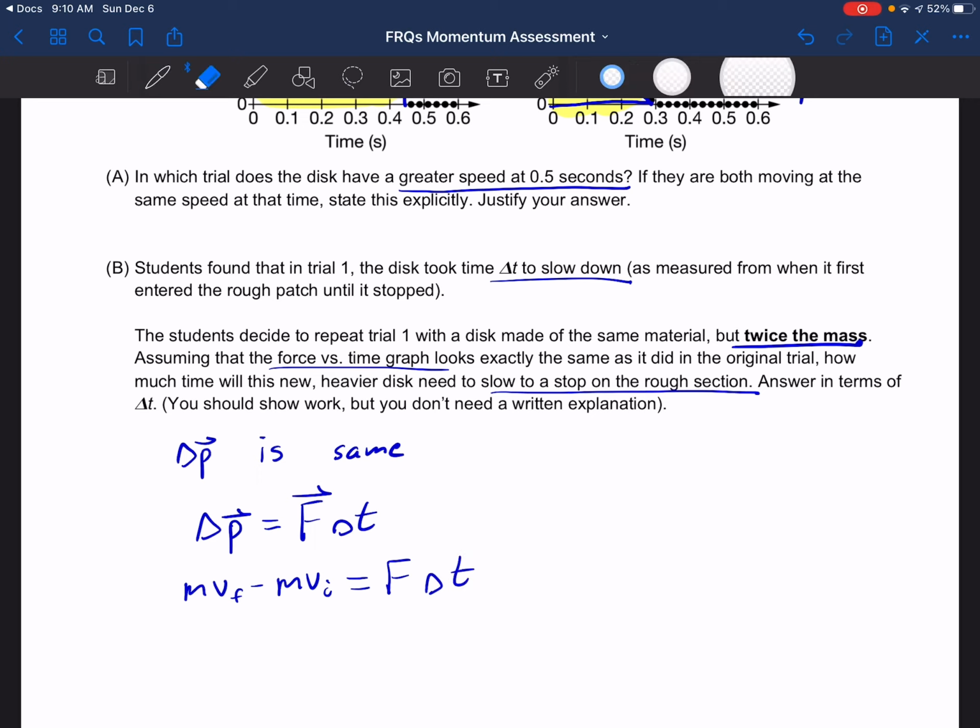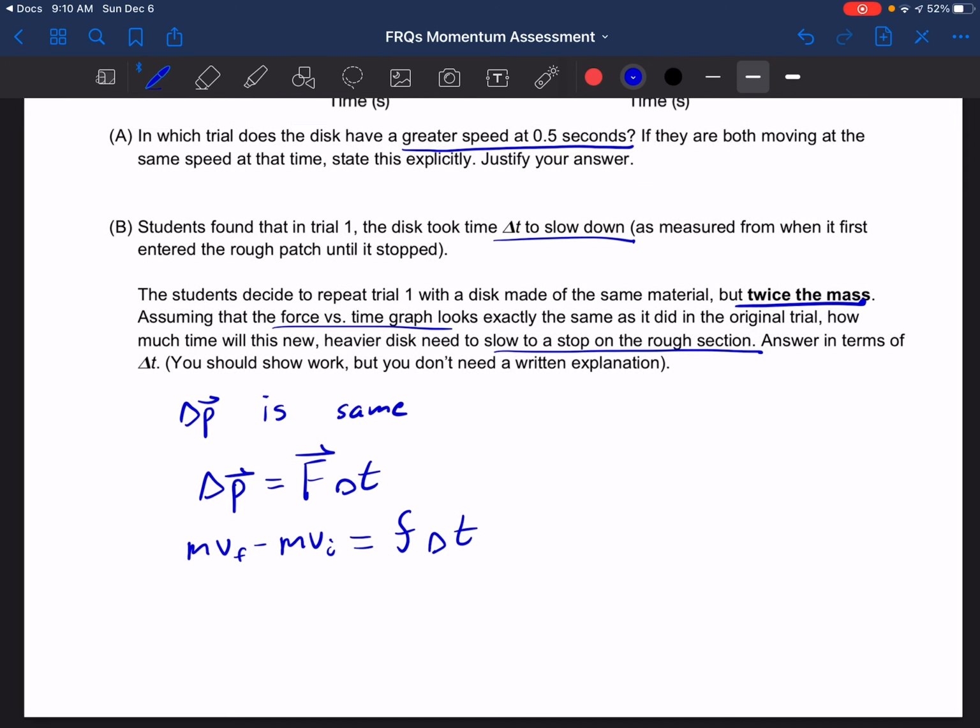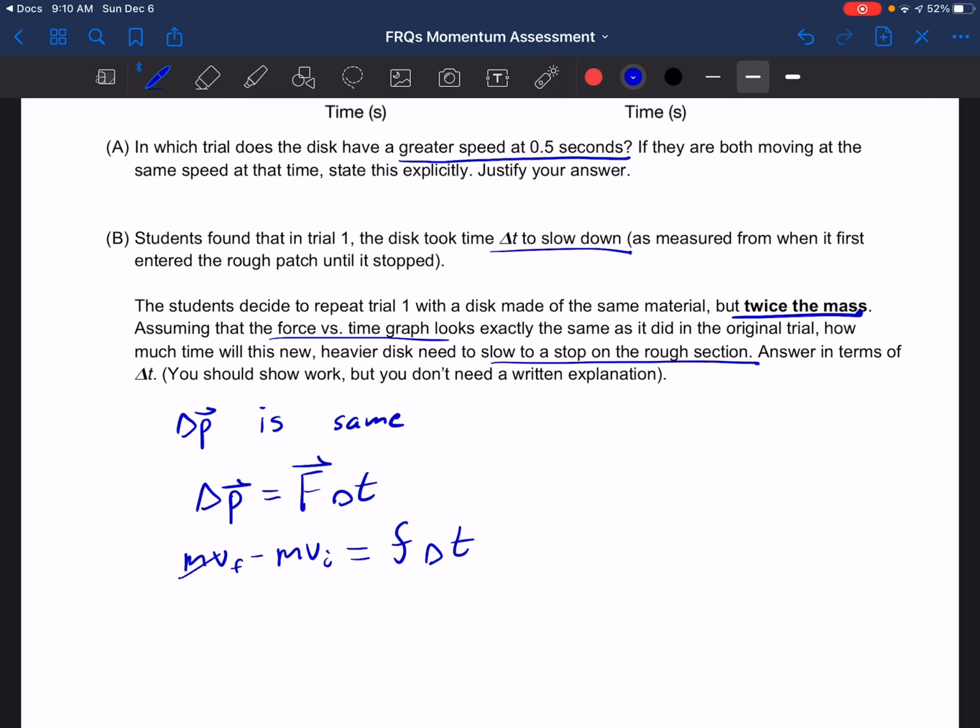In this case, as it's coming to a stop, it's the friction force, so I'll write curly F to indicate friction force, and vf is 0, so we've just got negative P initial is equal to F delta t. And this P initial is the same.